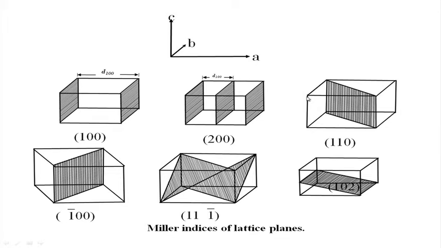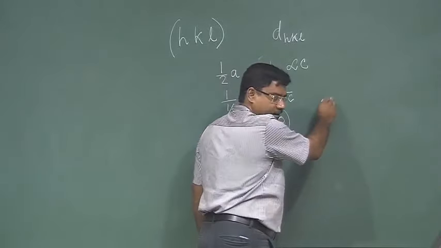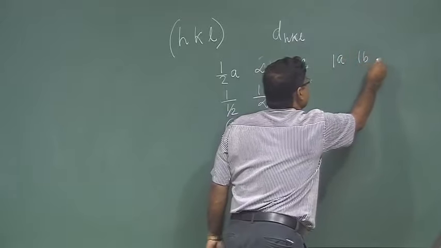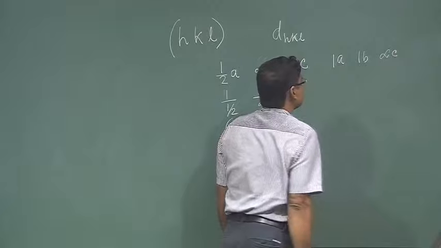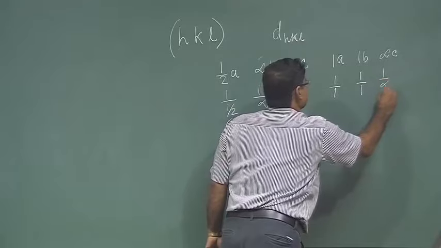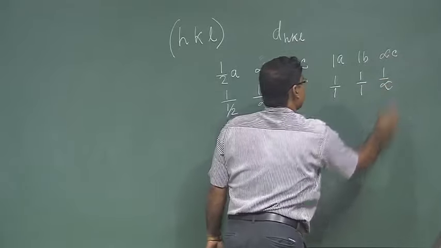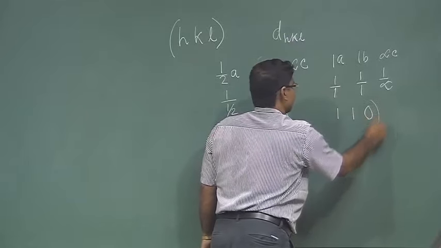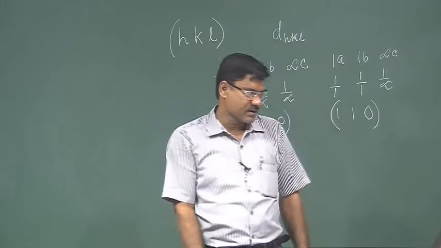This plane does not intersect c, it is parallel to c, so it intersects at infinity. So, it intersects at 1a, 1b, and infinity c. Take the reciprocal of this and simplify it, and it will be 1 1 0. So, this is the 1 1 0 plane.